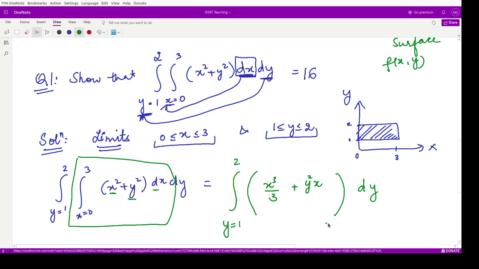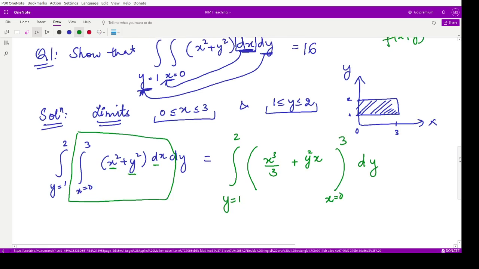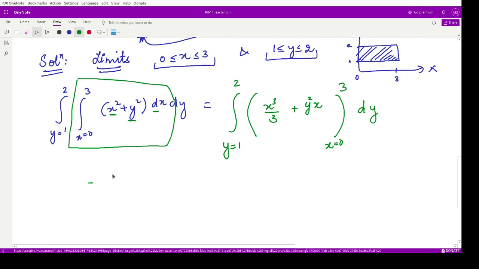And here the limits of x vary from 0 to 3. So you have to substitute the limits of x first. So this would be integration y varies from 1 to 2. Then 3 cube divided by 3, that is 9, plus 3y square, this is the upper limit, minus the lower limit, that is 0 plus 0. Okay, and dy.